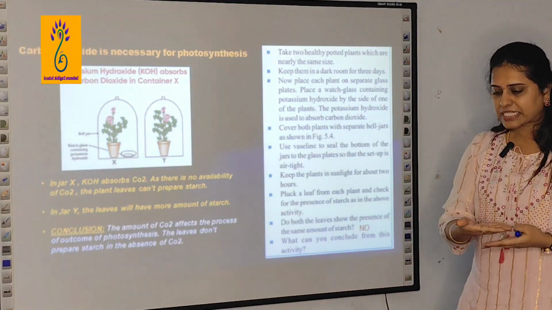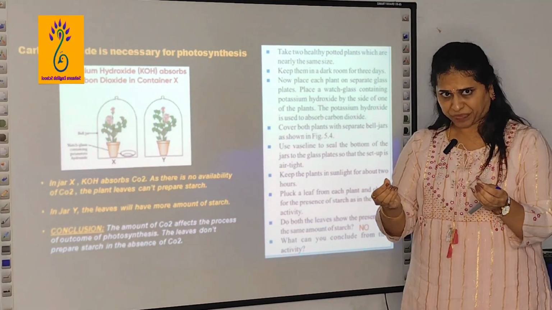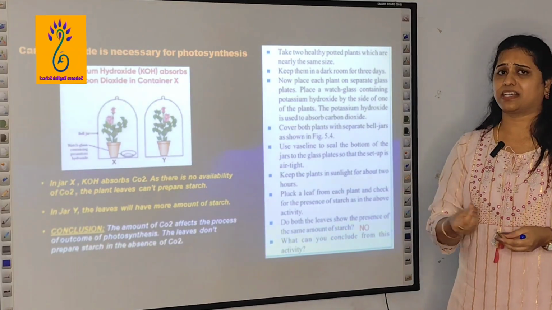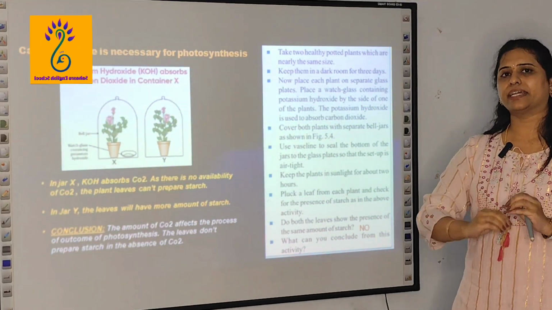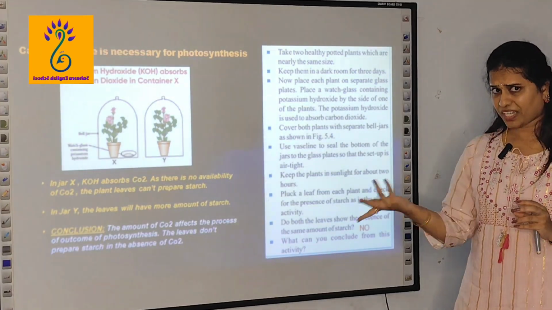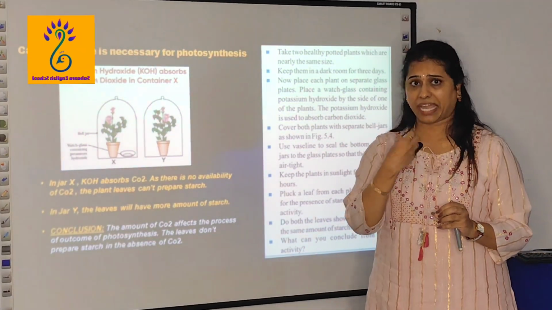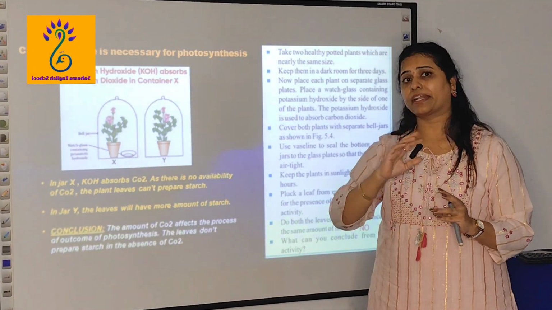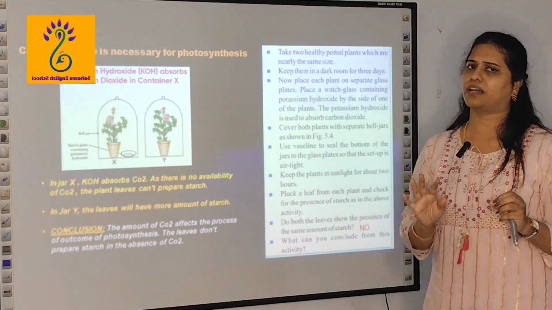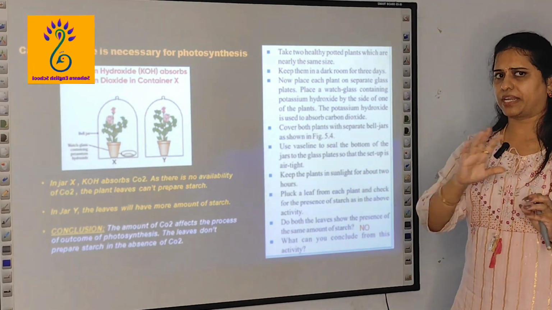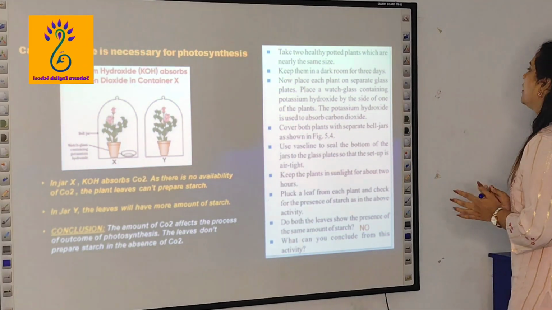Now seal this with Vaseline or anything so that a vacuum is created and air doesn't enter. Carbon dioxide is in air, isn't it? It should not enter. So you seal it with some Vaseline so that air doesn't enter.